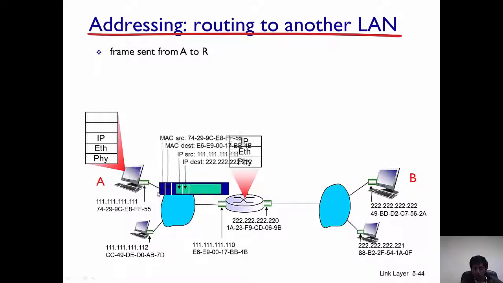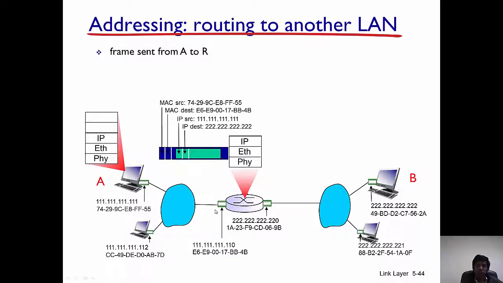What happens? It traverses the internal network and arrives at R. Next, this datagram is going to be transferred from the input interface of R to the output interface. So basically, it's going to go from the interface that is labeled 111.111.111.110 to the one that has all 2's in it and 0 at the end. So it's going to go from this interface to this interface.